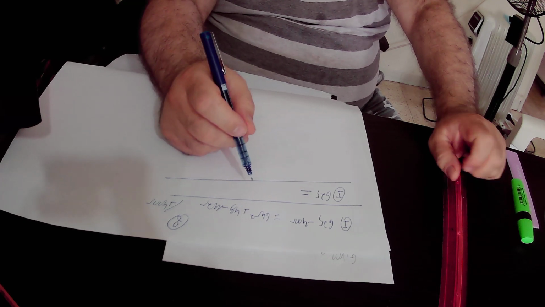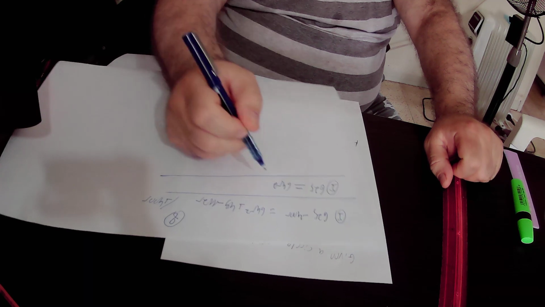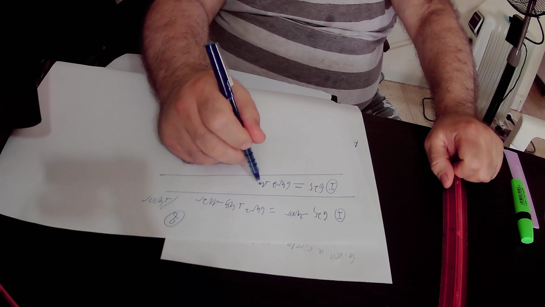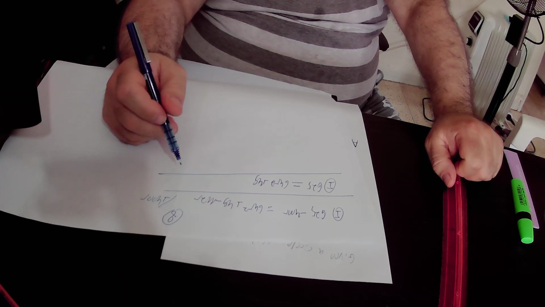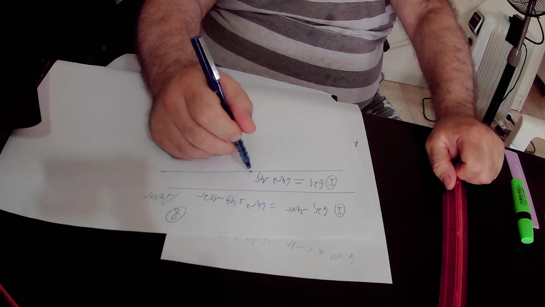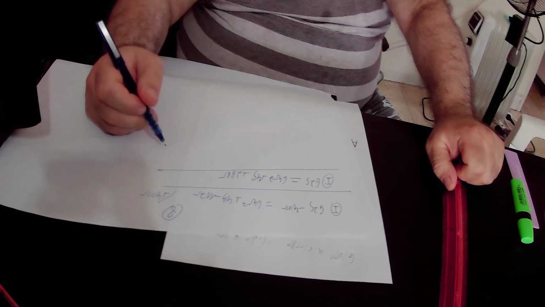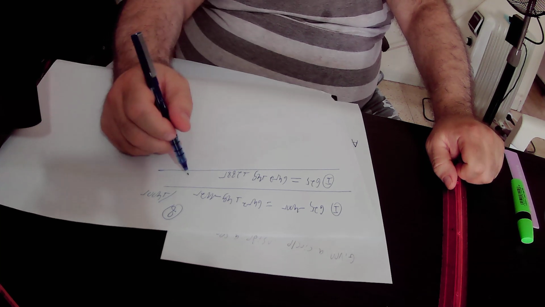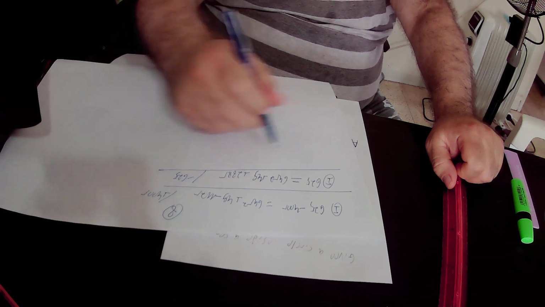This is equal to 64r squared plus 49. Here we have 400r minus 112r equals plus 288r.